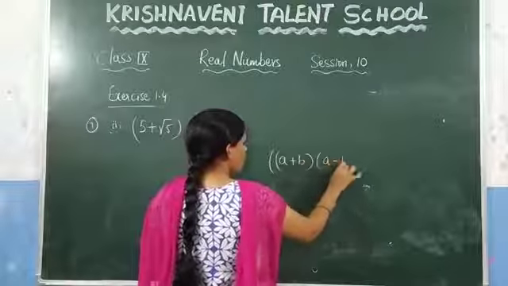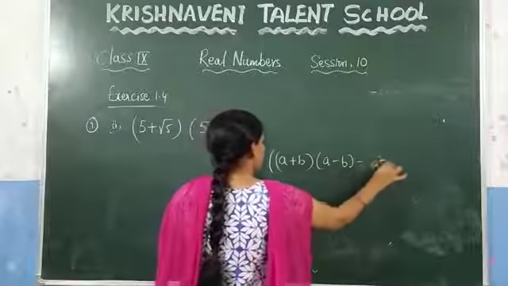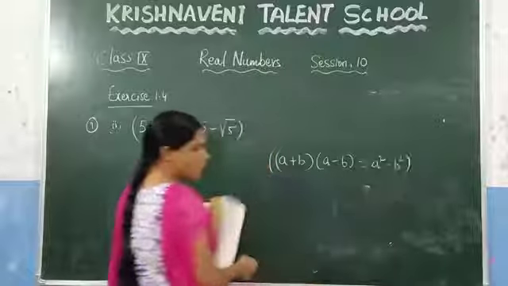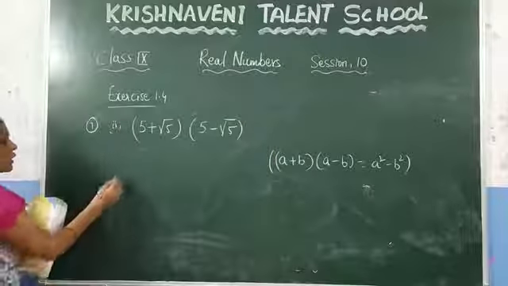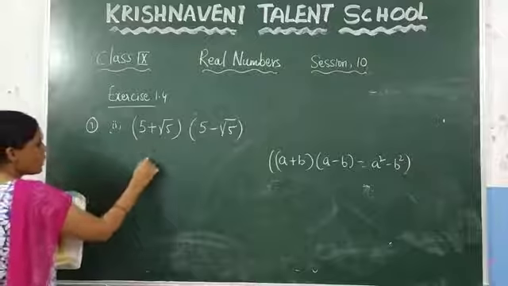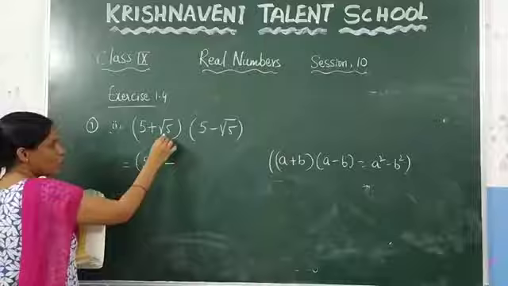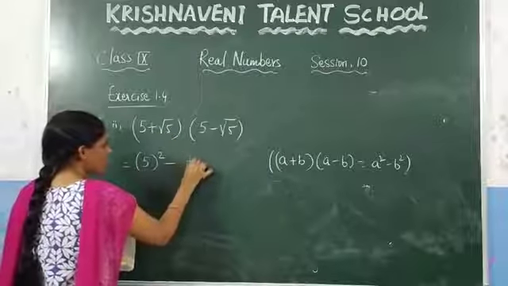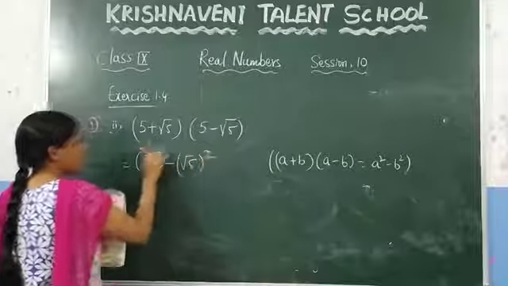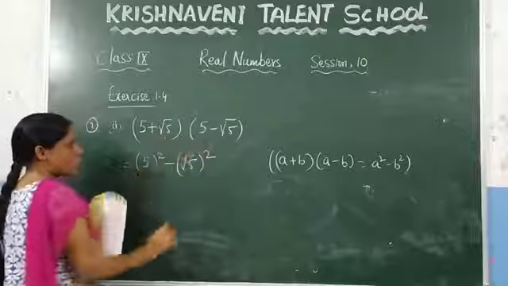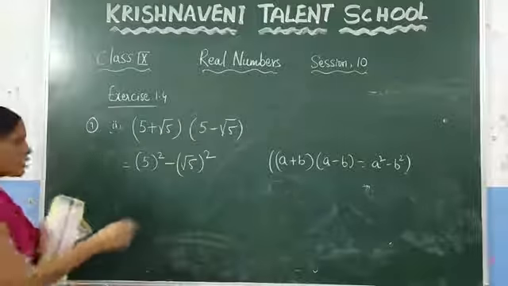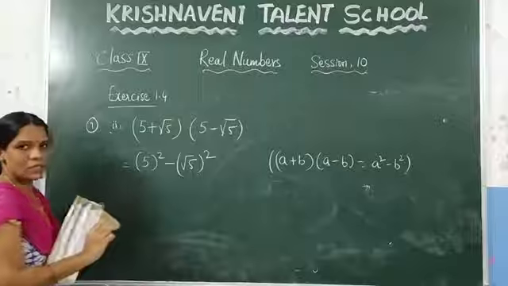What is the formula for a plus b into a minus b? You know that the value is a square minus b square. Just substitute in that. Here, what is the value of a, which is 5 square, minus what is the value of b? Root 5. So you can write it as root 5 whole square. It is in the form of a plus b into a minus b. You know that a plus b into a minus b is nothing but a square minus b square.